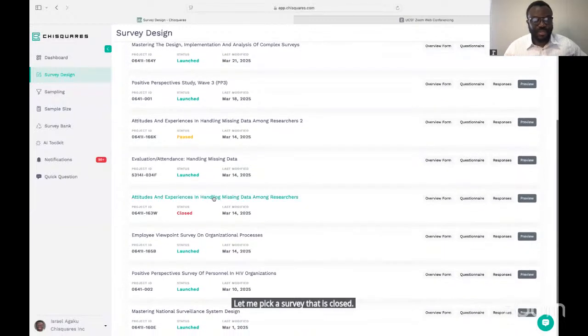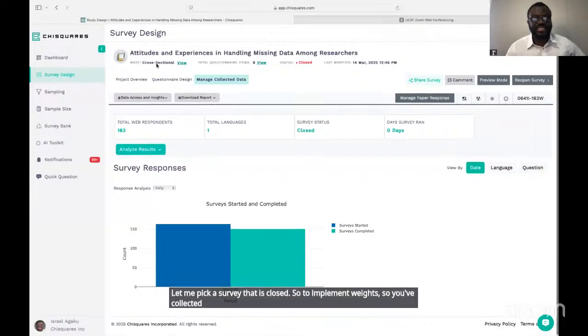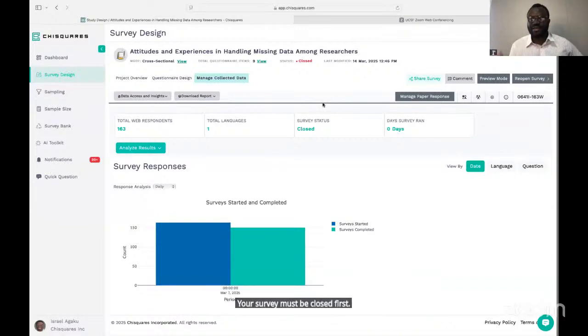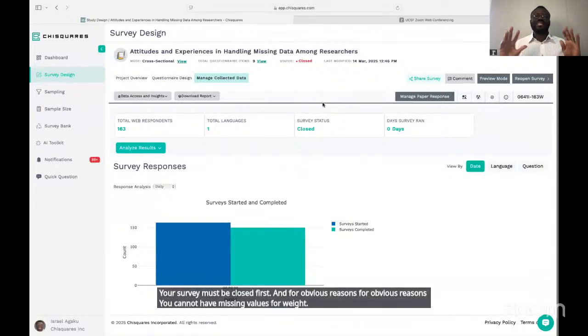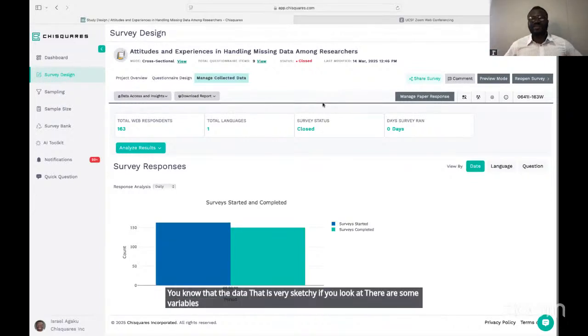To implement weights, you've collected your data. In this case, this was the last survey we did last week. Your survey must be closed first, for obvious reasons, because you cannot have missing values for weight. You know that the data is very sketchy if you look at some variables and know that this is fabricated data, or there are just major red flags.